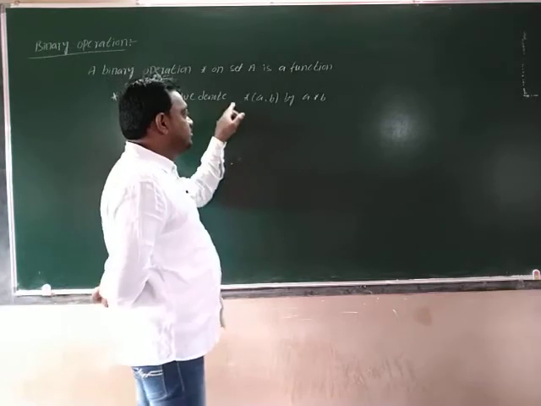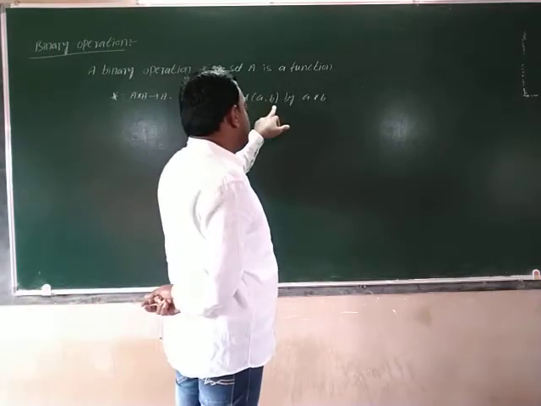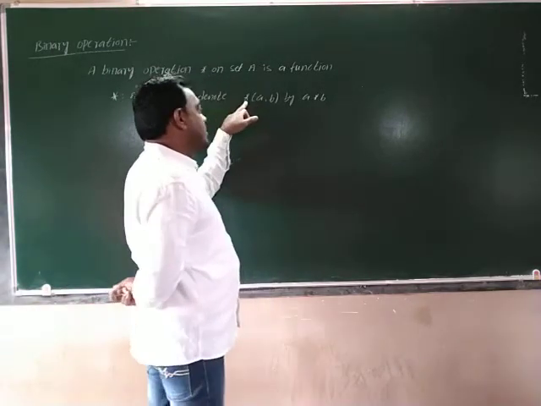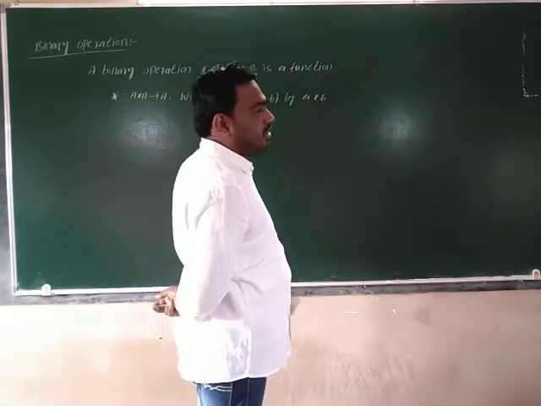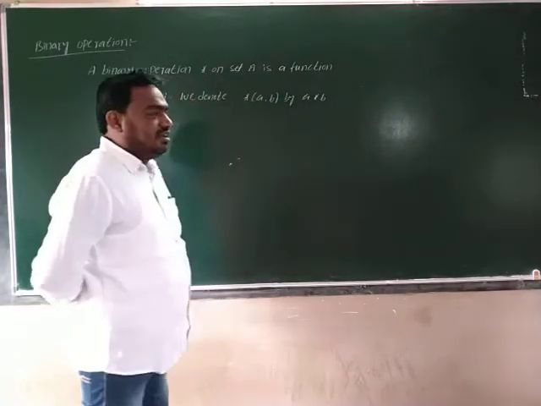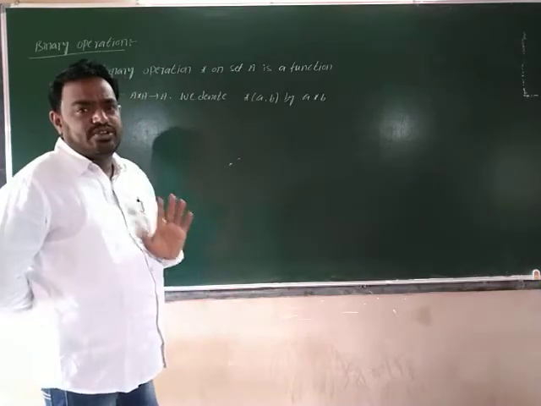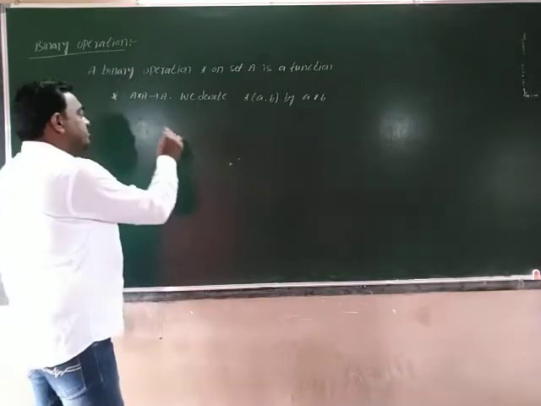We denote the binary operation star on a comma b by a star b. See, this is the definition, very simple.